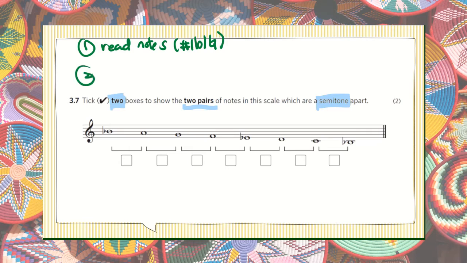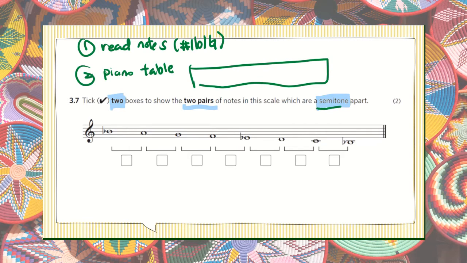Second, you have to draw your piano table. Remember it consists of 11 lines. And then 2 black keys, leave a line, and 3 black keys, leave a line. So draw out your piano table. Semitone means it's moving one stroke.